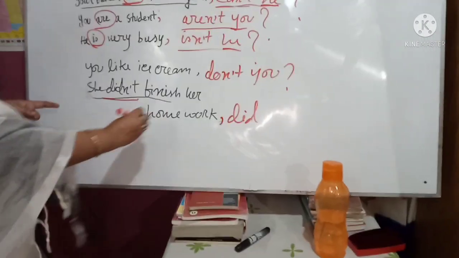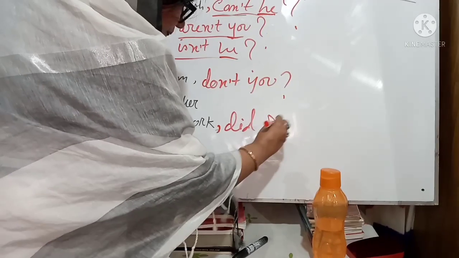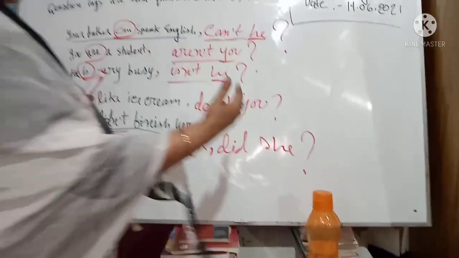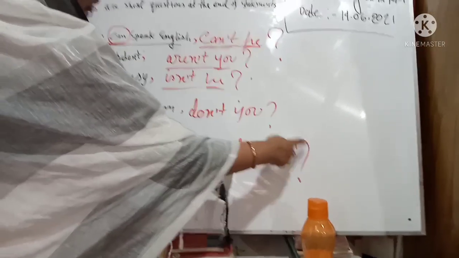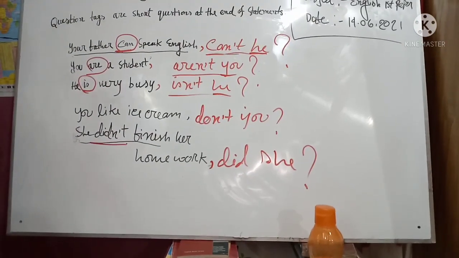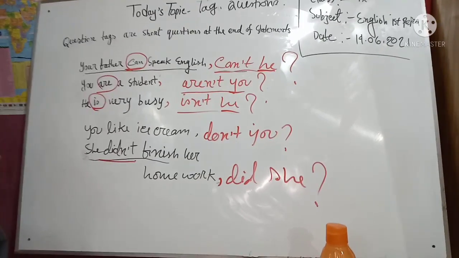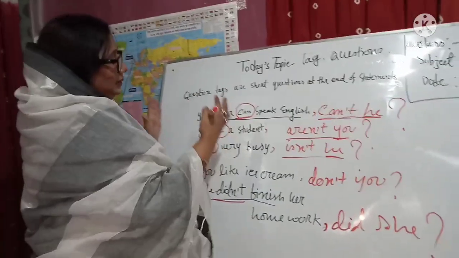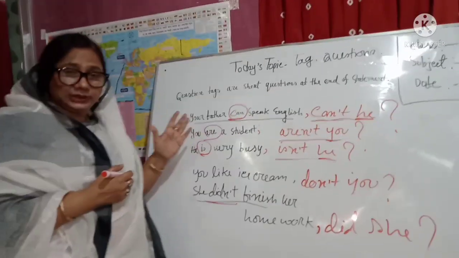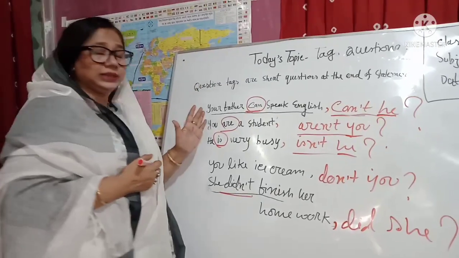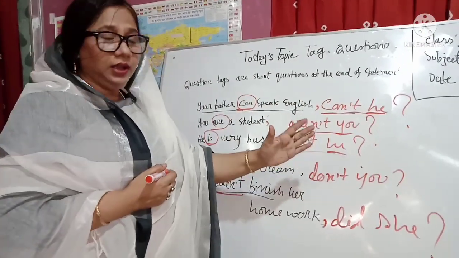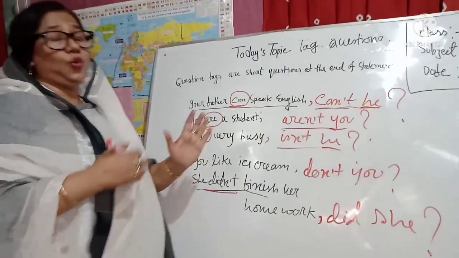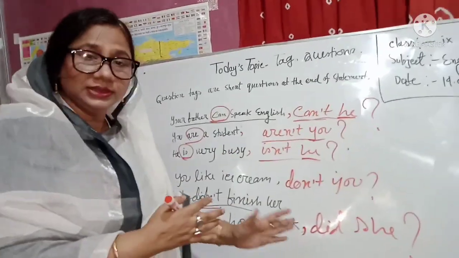She didn't finish her homework, did she? Okay, all the time we add an interrogative sign when we make a tag question. If we find a positive statement, we add a negative tag question. When we find a negative statement, we add a positive tag question.